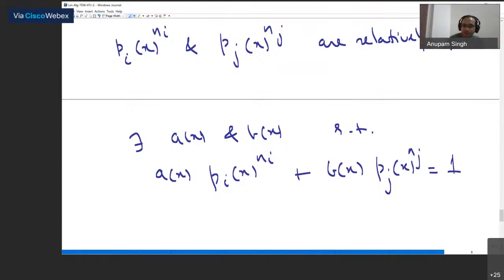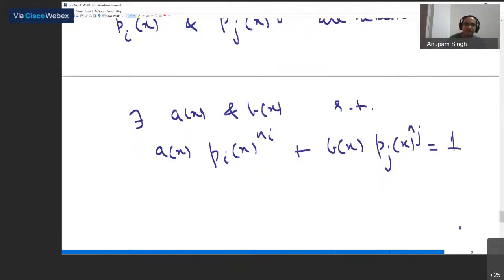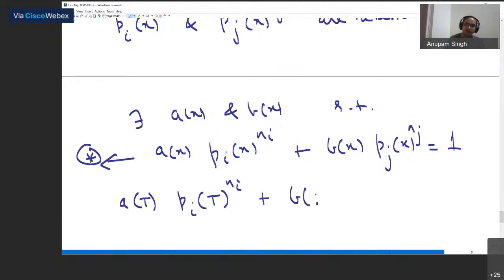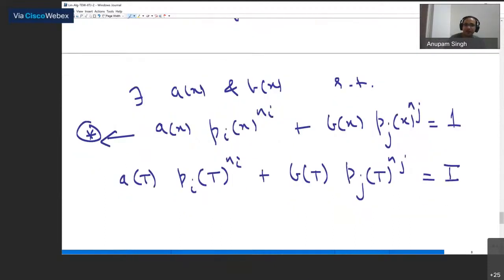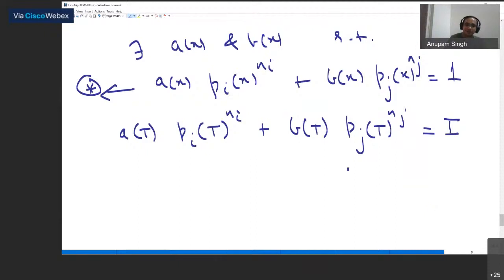All right. So let's use this. Let's call this equation star. In this equation, I'll substitute T, so I get a(T) Pi(T) to the power Ni plus b(T) Pj(T) to the power Nj equal to, what is 1? 1 is the identity matrix. So this is identity. Now apply the vector v.